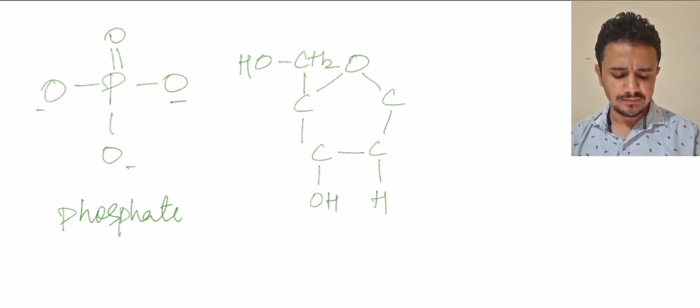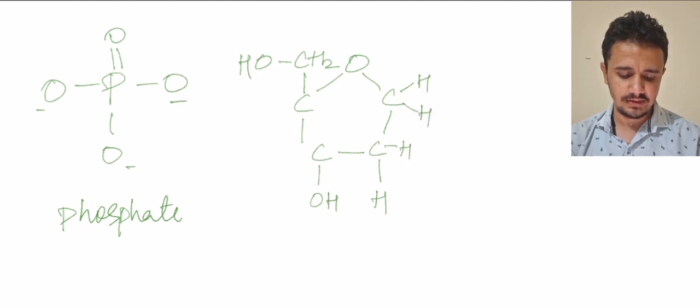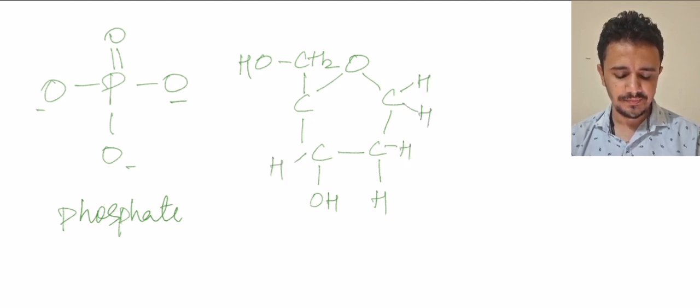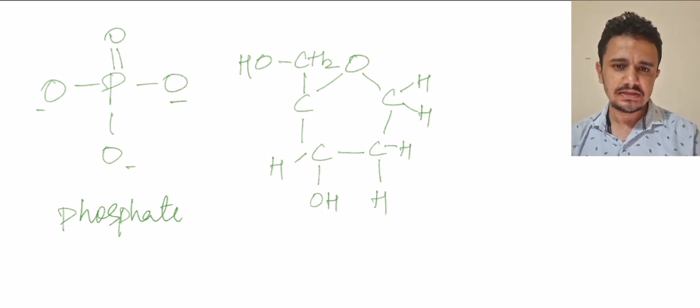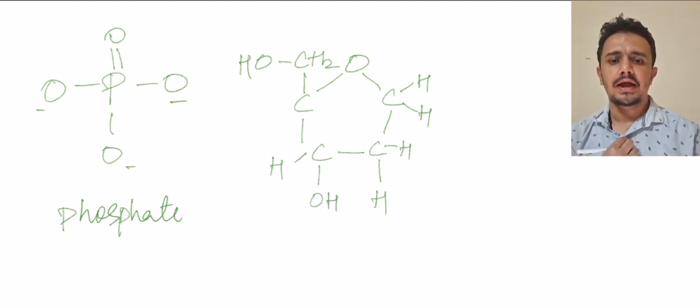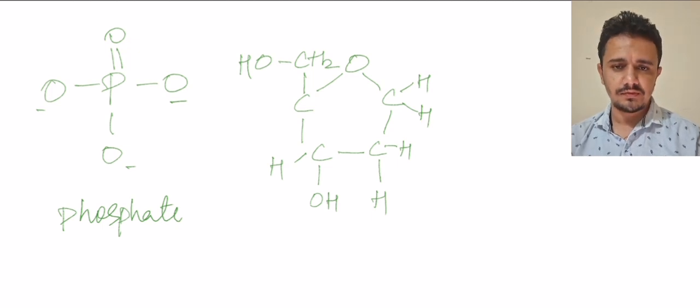Now if you try to balance this, you can balance it by adding one hydrogen here, one hydrogen here, and one hydrogen here, because we know that the valency of carbon is 4, which means it can combine with 4 different atoms. Similarly, the valency of oxygen is 2, so we have to see that.